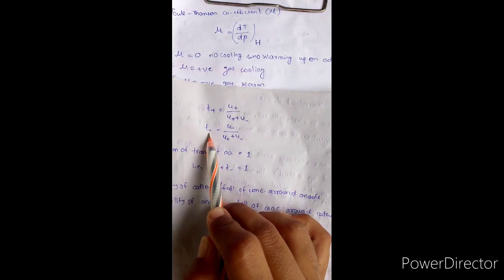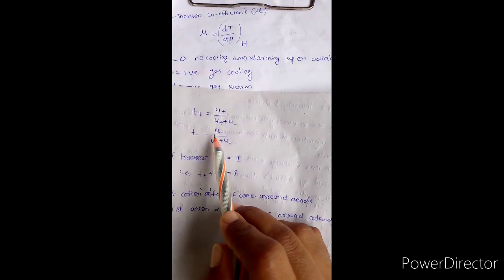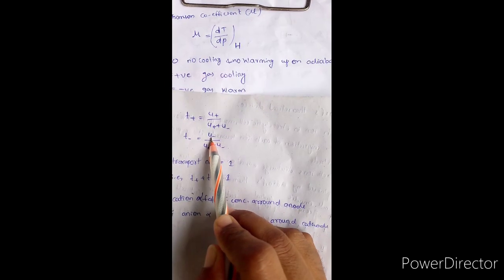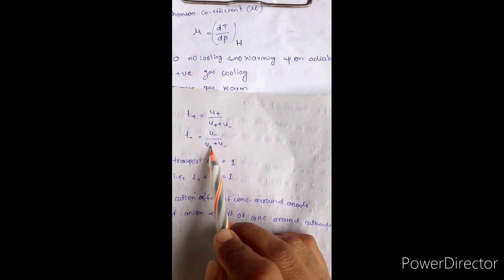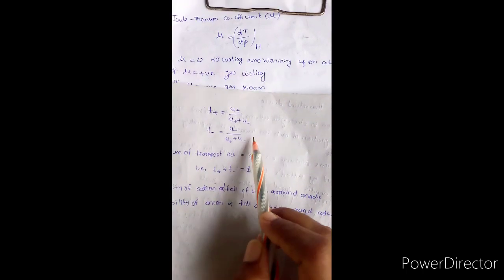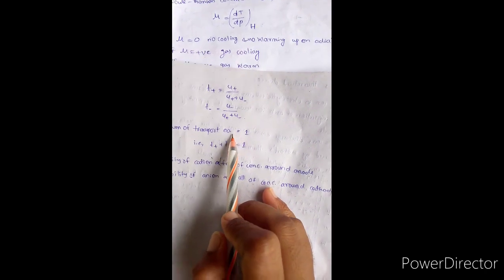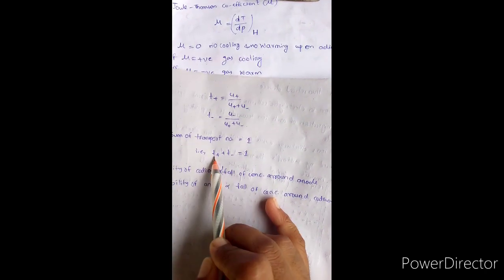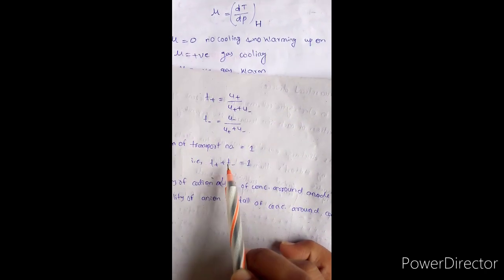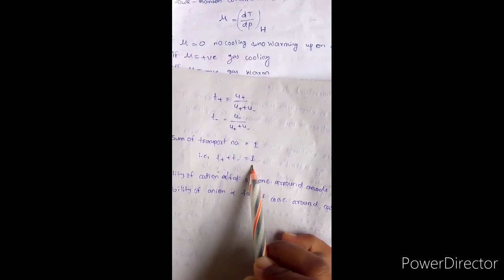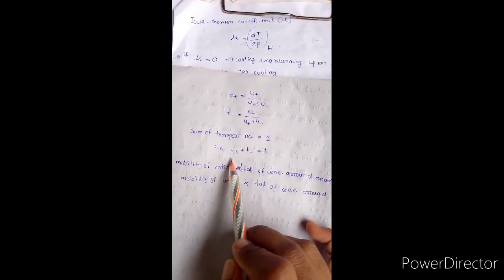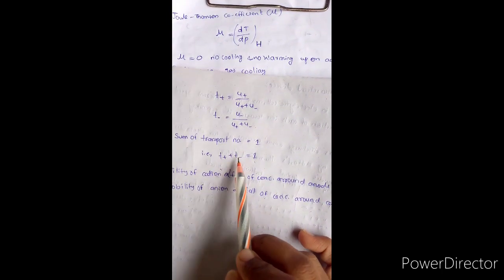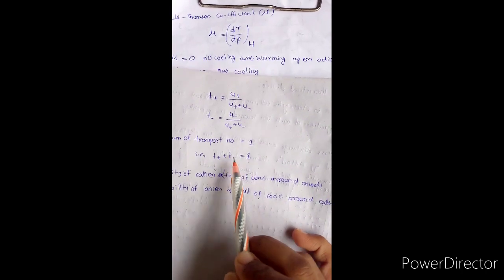Same for anions: the transport number of the anion is equal to the mobility of the anion divided by the total mobility of cation plus anion. So the sum of the transport numbers is always equal to 1. That is, transport number of cation plus transport number of anion equals 1. If we calculate the mobility of the cation, we can calculate the transport number of the cation, or vice versa.